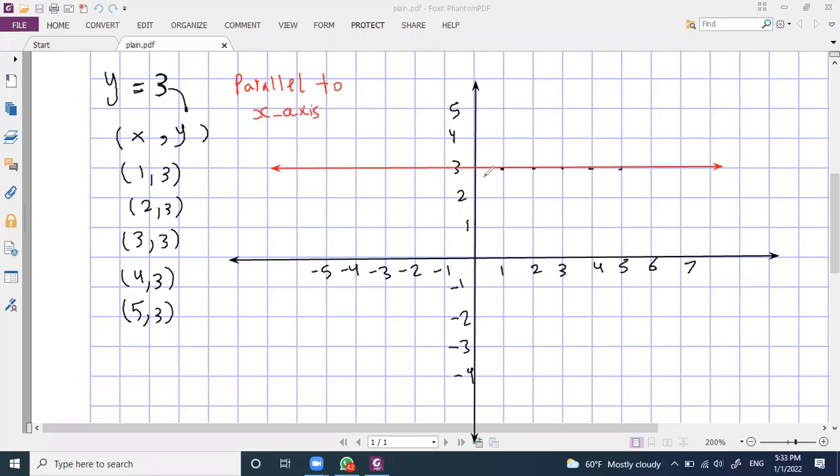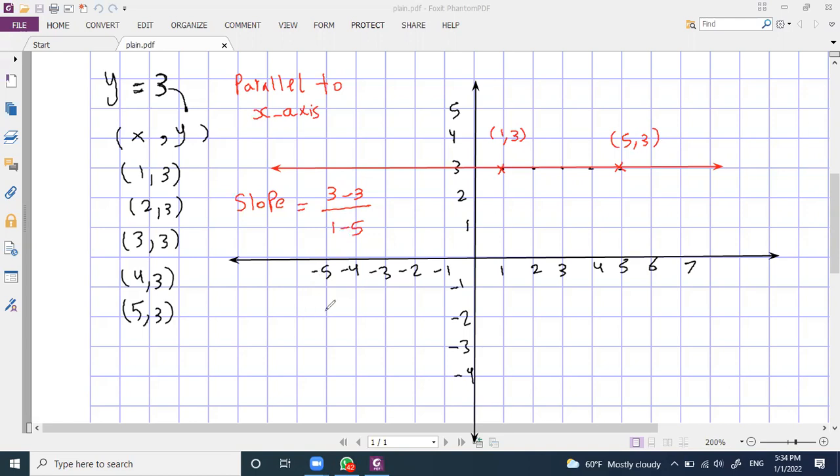Alia, how can we find the slope of this line? Y2 minus y1 over x2 minus x1. Great. So we are going to take any two points, like 1 and 3, and for instance we can take 5 and 3. So apply the rule to find the slope. 3 minus 3 over 1 minus 5.